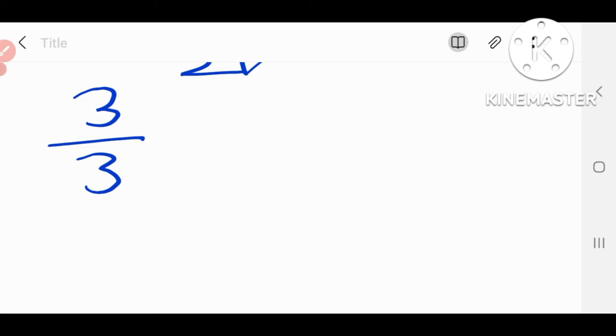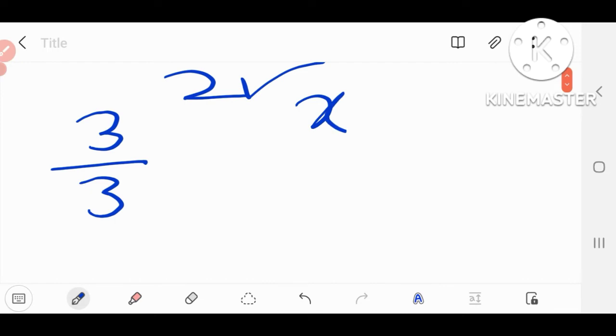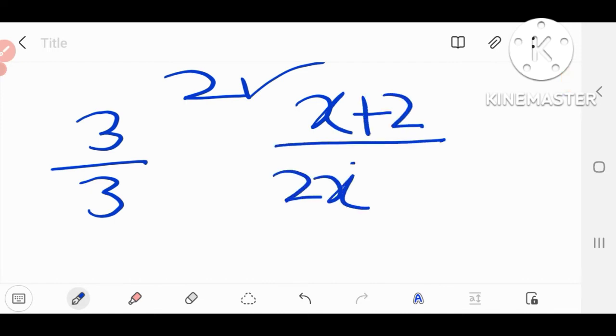Now, for example, I'm writing two variables, one in the numerator and the second in the denominator. Then on what basis will we decide whether it is a proper or improper fraction? On the basis of the power of the variable. Just imagine x plus 2 divided by 2x square minus 7. Now this is called a proper fraction.